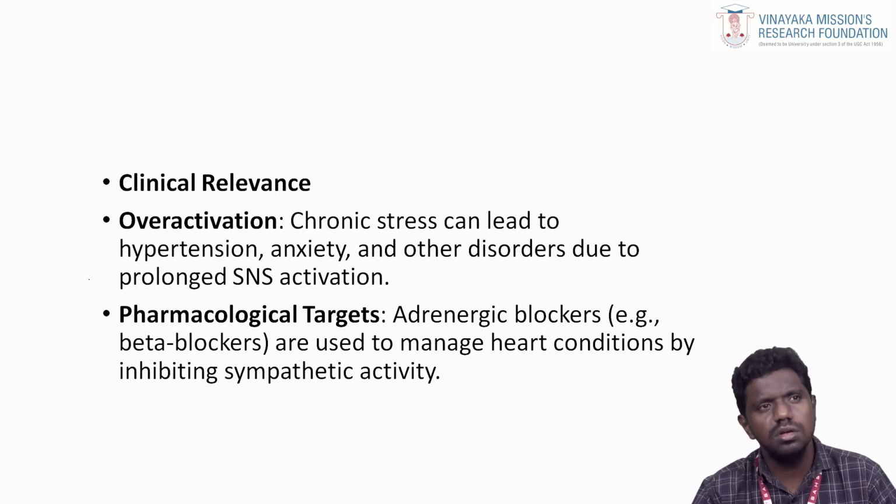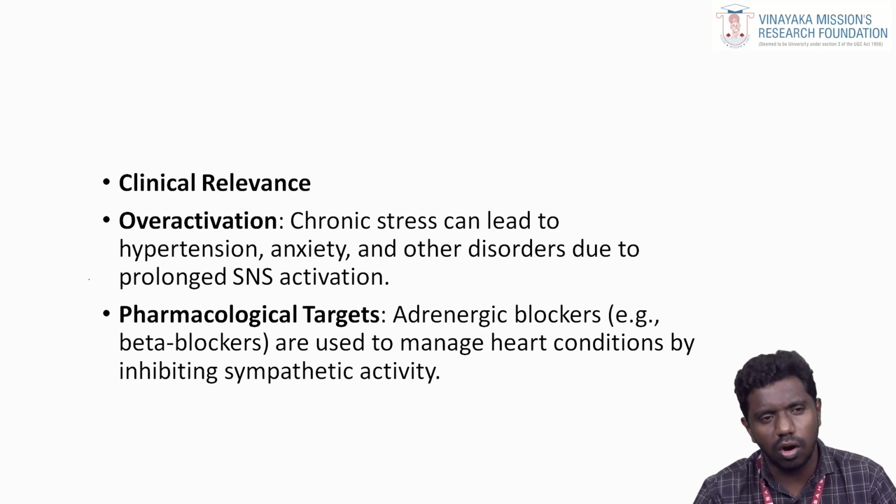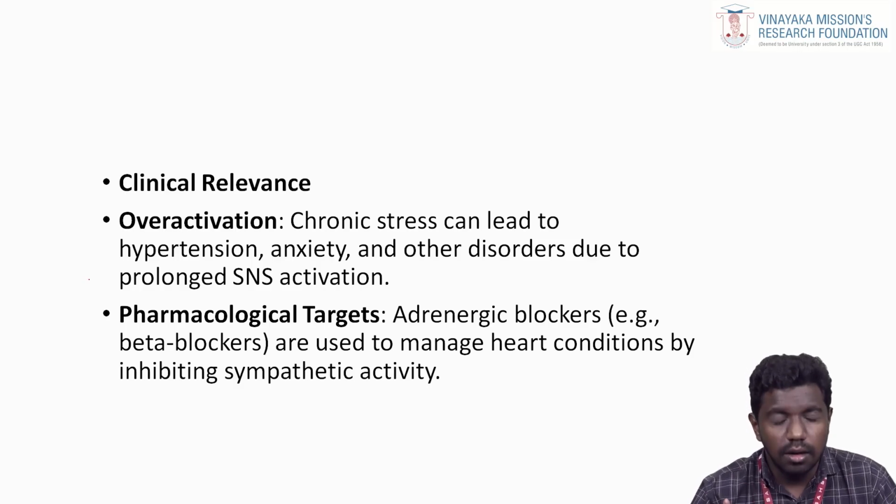It will not cause bradycardia; it decreases the heart rate to the normal level. It also causes bronchoconstriction, bringing the airways back to the normal level after dilation, the windpipe or trachea to the normal level. Further, sexual activities and digestion activities are also increased during parasympathetic nervous system activity.